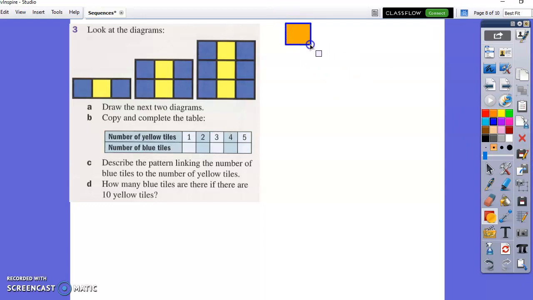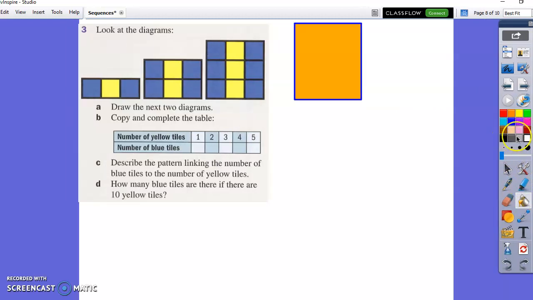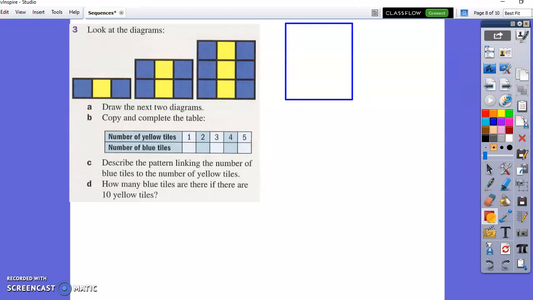It means I have to add one more yellow, because the yellows increase with 1.